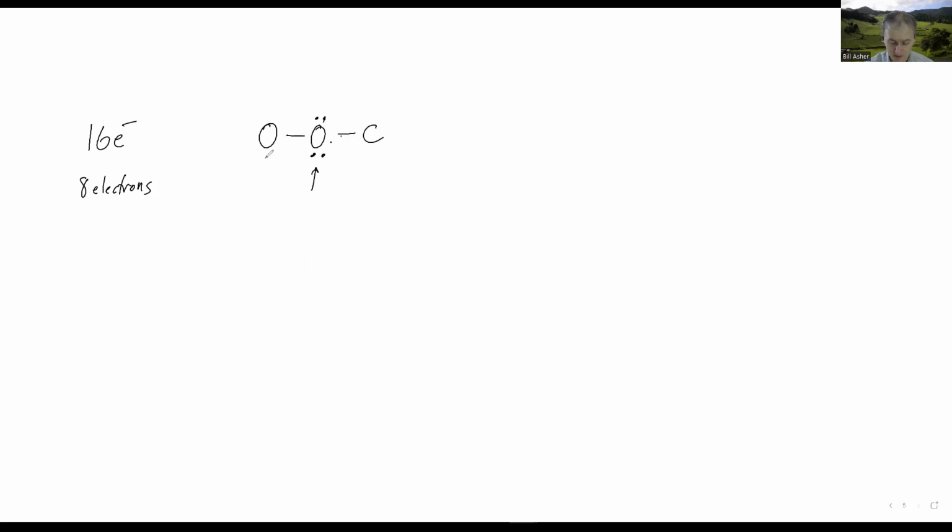And then this would have to have another 6 electrons, right? Because each atom has to have 8. And this would have to have 6 electrons around it. And then if we start counting, we get 2, 4, 6, 8, 10, 12, 14, 16, 18, 20. So this structure here has 20 electrons. Can't be right because we only get 16 electrons for the atoms. So this isn't right.